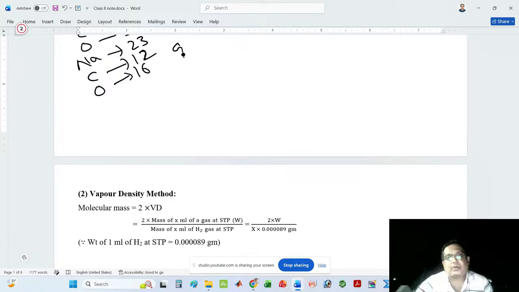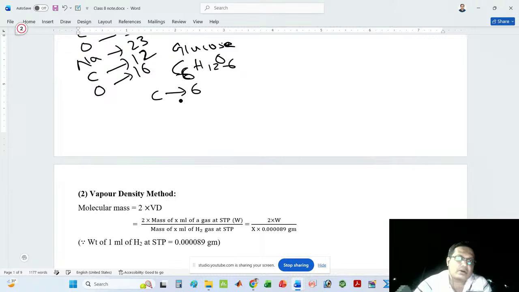You know that the molecular formula of glucose is C6H12O6. Here the number of carbon atoms is 6. The number of hydrogen atoms present in the glucose molecule is 12. The number of oxygen atoms present in the glucose molecule is 6.